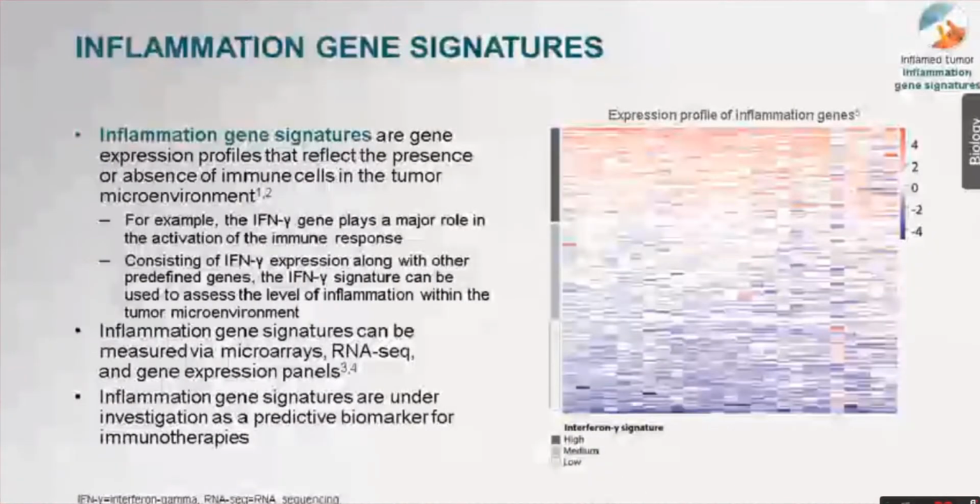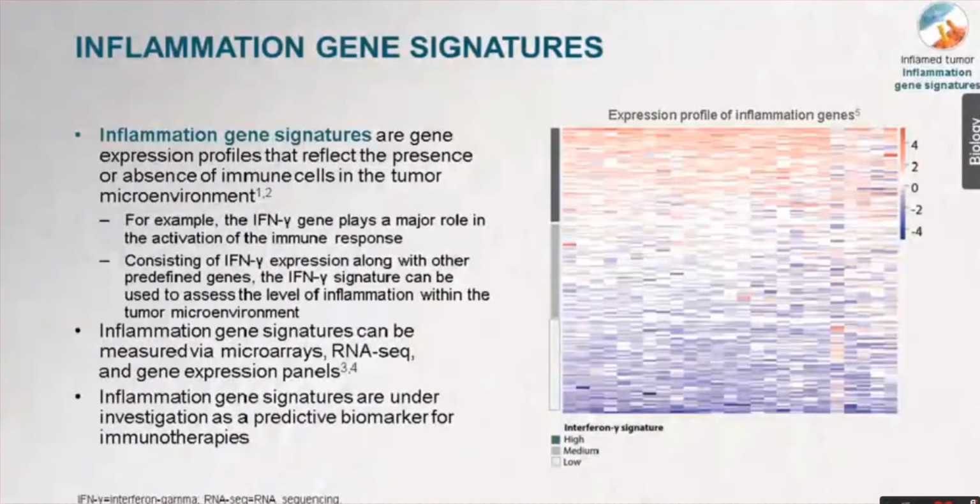Another type of marker is a gene signature. The way this works is extracting RNA from a cancer or tumor and then measuring the profile of various messages within it to get a fingerprint. Using a gene classifier, it's possible to identify tumors that have a so-called inflammation gene signature.